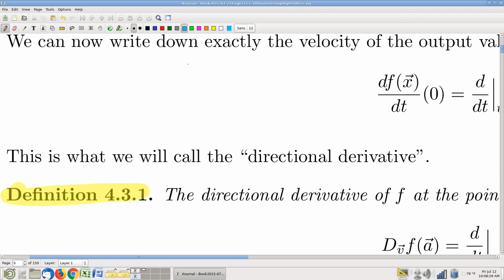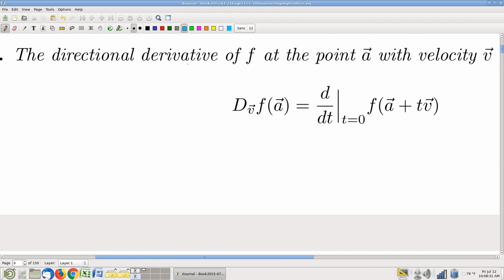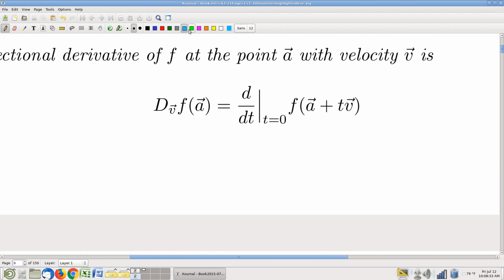So I've got an input for this notation. Not only do I have to tell you at what point I want to evaluate the derivative of f, but with what velocity in the input am I computing the directional derivative of f? Okay. So the convention that I'm using here, anyway, is the velocity vector is a subscript of the capital D. That's just a convention.